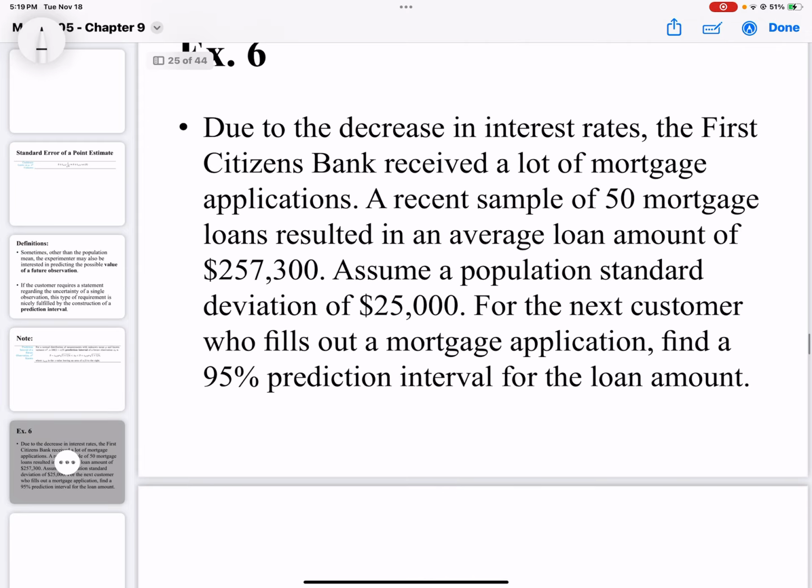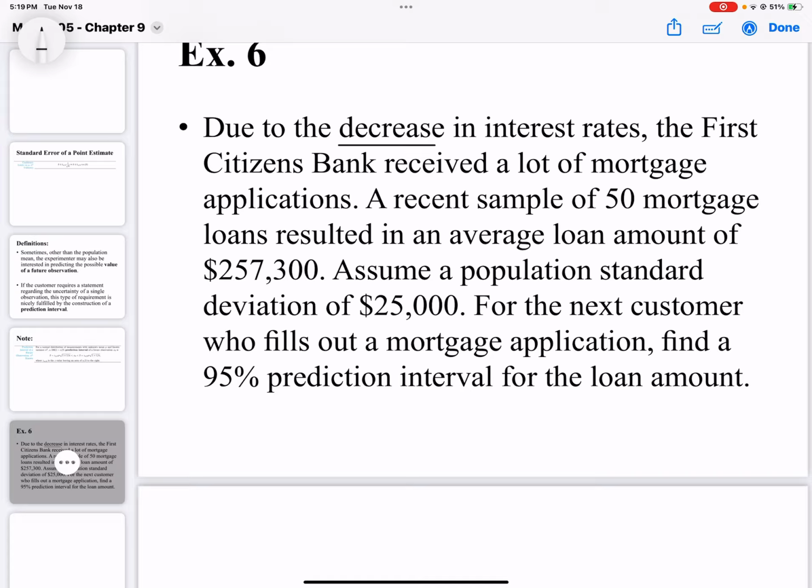Due to an increase in interest rates, oh my goodness, the First Citizens Bank received a lot of mortgage applications. Oh, a decrease in interest rates. See, I didn't even read that correctly. This is good news, right? A decrease in interest rates. The First Citizens Bank received a lot of mortgage applications.